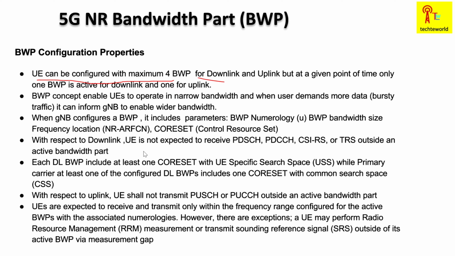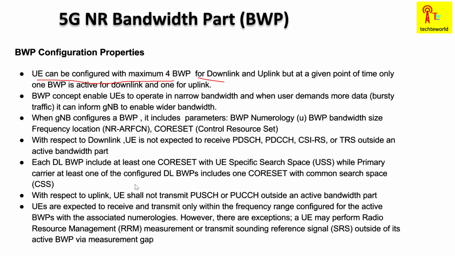With respect to downlink, the UE is not expected to receive PDSCH or PDCCH or CSI-RS or TRS outside an active bandwidth part. These are all downlink messages and physical signals, and the UE is not expected to receive any of them outside the active bandwidth part.